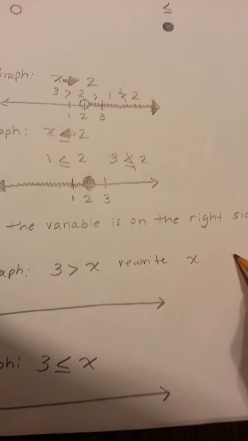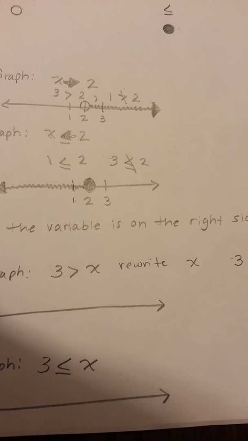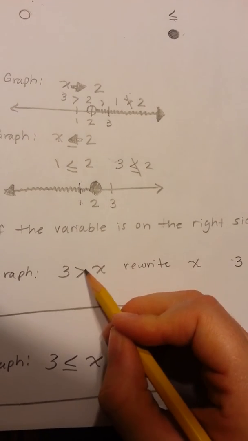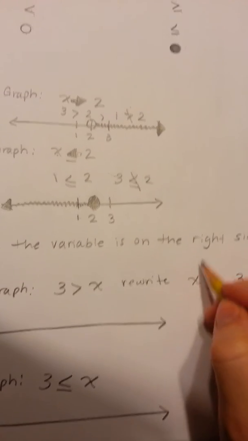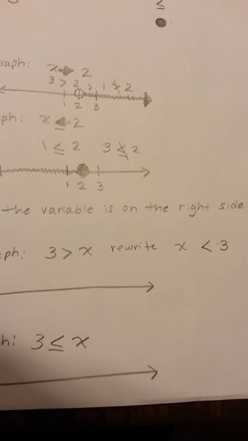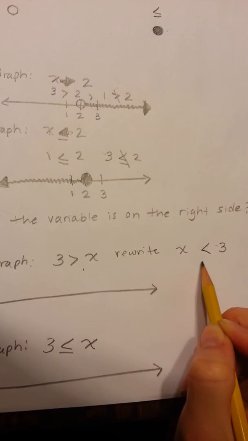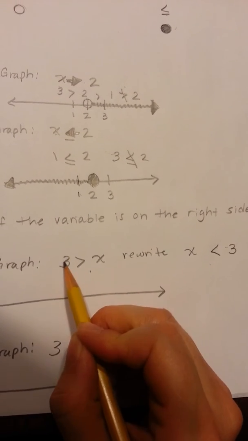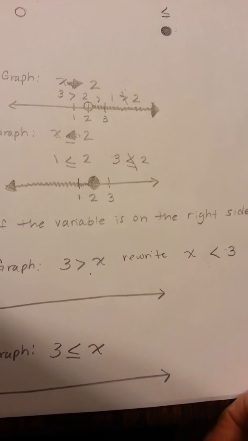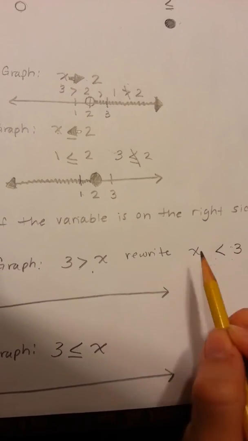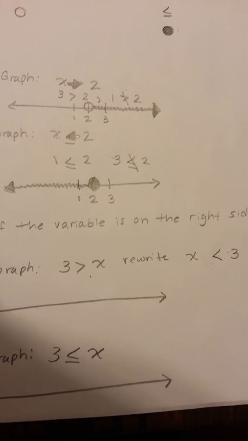So I put my x here, my 3 here, and then I say, which one should I be eating? Well, I should be eating the 3. So I know I'm facing this way. This statement is the same as this statement. This statement says 3 is greater than x, and this statement says that x is less than 3.